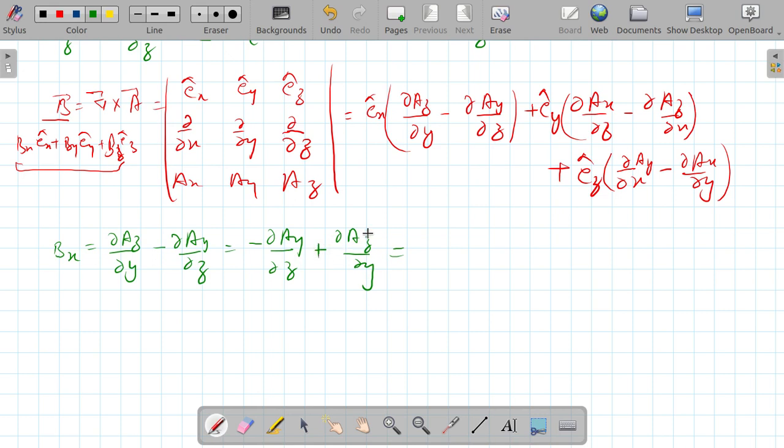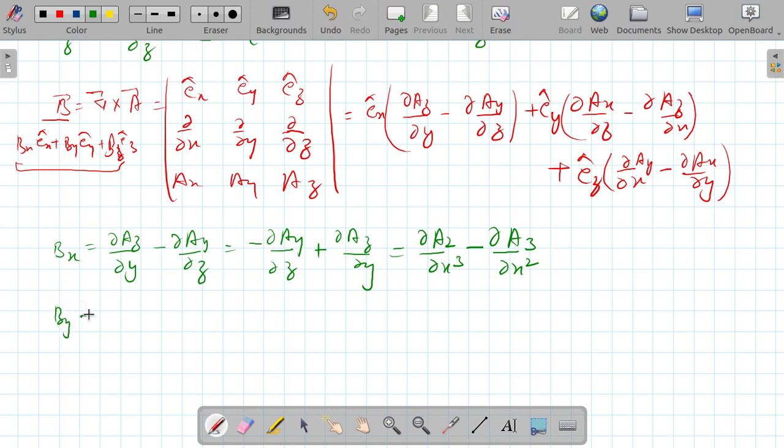It's a plus sign. So in the covariant form, this can be written as ∂A2/∂x3 minus ∂A3/∂x2.